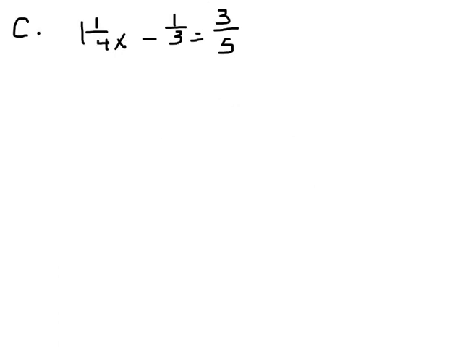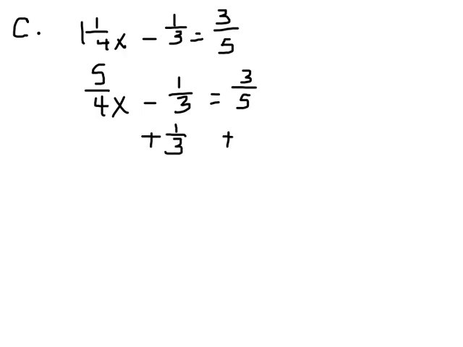Alright, in C, I'm also going to go ahead and make this an improper fraction. 5 over 4 x minus 1/3 equals 3/5. So I'm going to add 1/3 to both sides. Because the 1/3 was closest to the equal and it had been subtracted.